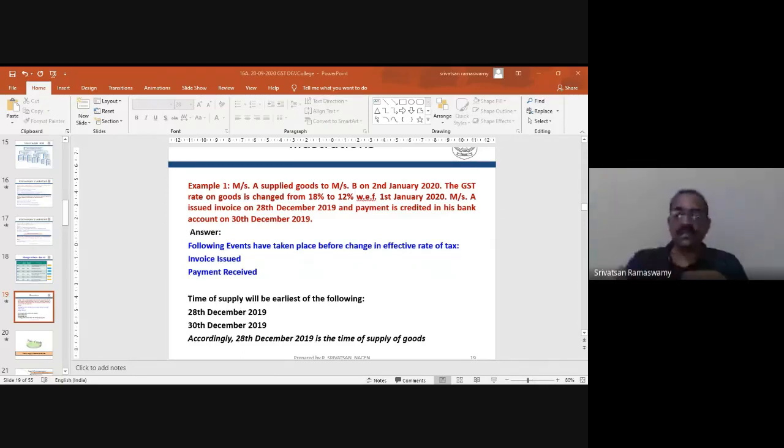So that is exactly what I mean by the basic tax point, which is the time at which the actual event of supply happens, and the actual tax point is the time at which the invoice is raised or the advance is received. So it can precede the event of supply if it is earlier. That is why I have called it an actual tax point. Is that clear now?